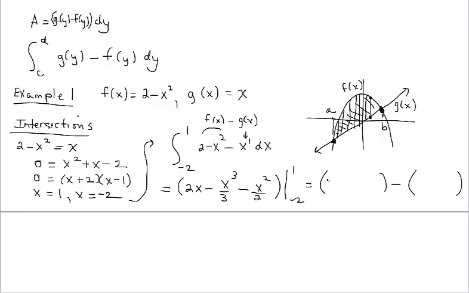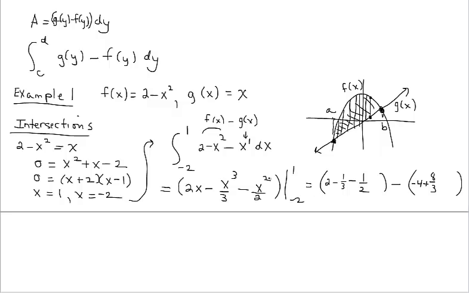Plug in the upper limit, so that's 2 minus 1/3 minus a half. Then for the lower limit, plugging in -2, that's 2 times -2 or -4. Plugging in -2 into x cubed over 3 results in -8 over 3, so that's plus 8/3.